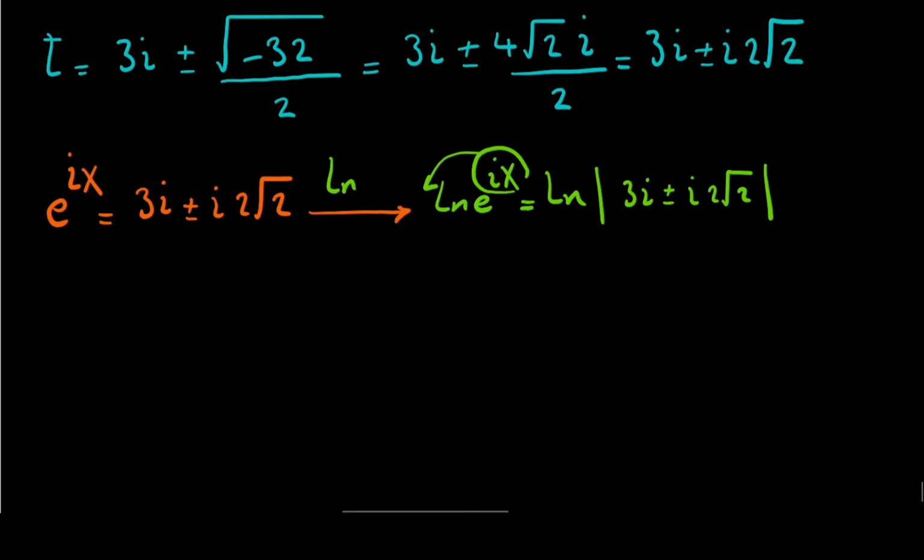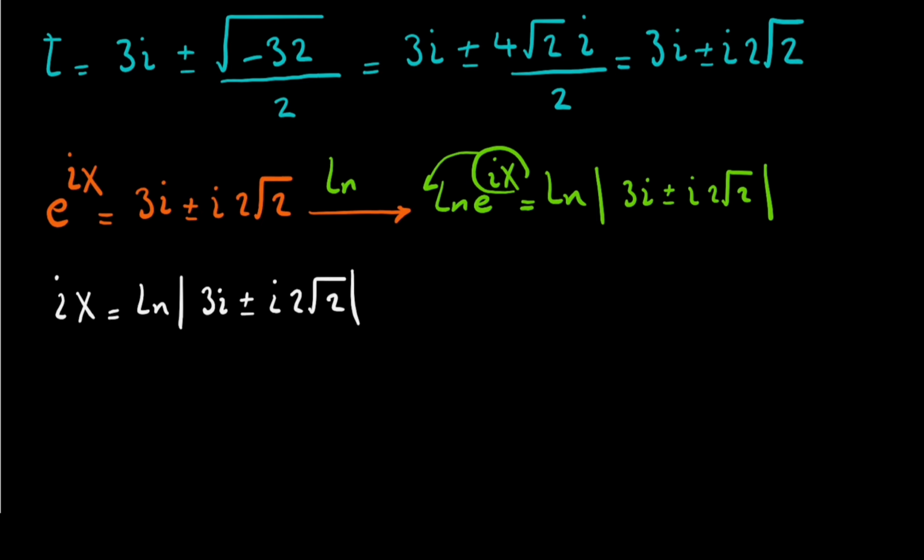So let me do it. ix will be equal to ln the absolute value of 3i ± i 2√2.